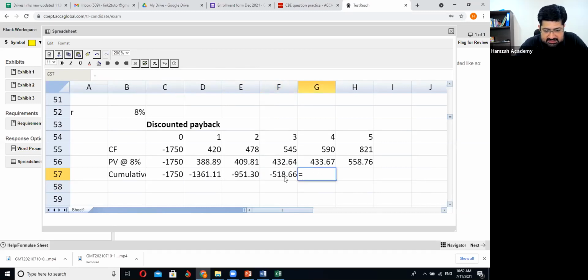So you see here, this negative, this received. Now, 4 years complete for discounted payback, and part of year 5. How much part? 85 divided by this. Yes, 4.15 years.